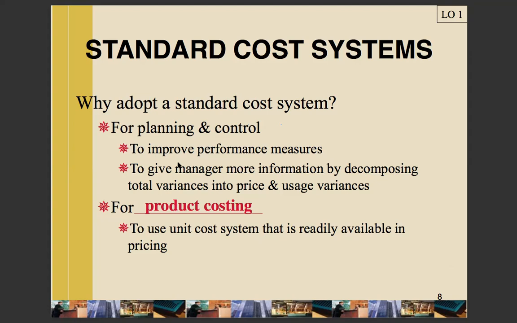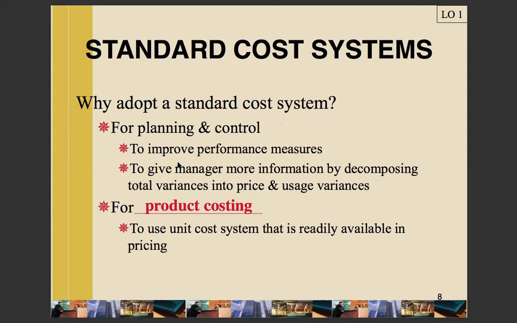So this is actually the basic requirement for the flexible budgeting system. This is the key feature of the planning and control system. As I mentioned before, a budgetary control system will compare the actual and the budget cost. So how can we do that? We will compute the variances.